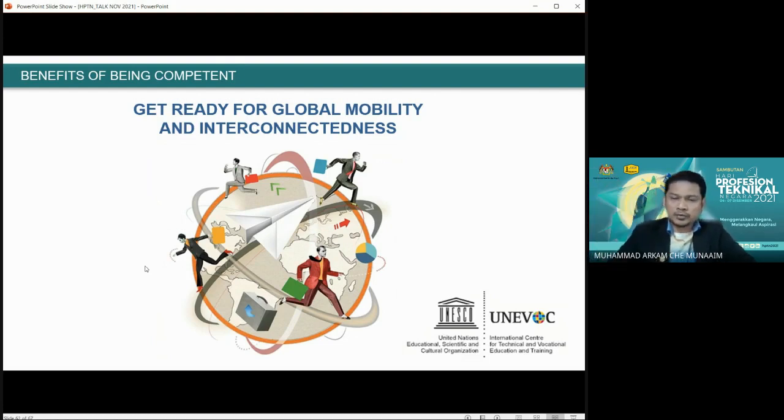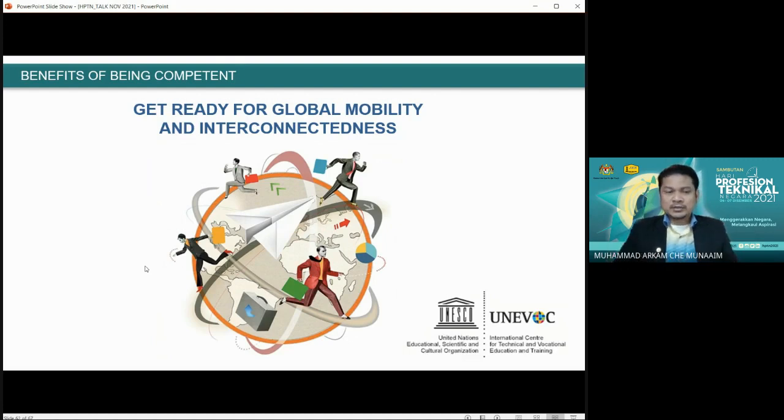You can even go closer, to Australia, or maybe Brunei, or Singapore. So you are ready for global interconnectedness by having that kind of certificate coming from Malaysia, accredited and recognized by the Malaysian government through their own certificate framework process.